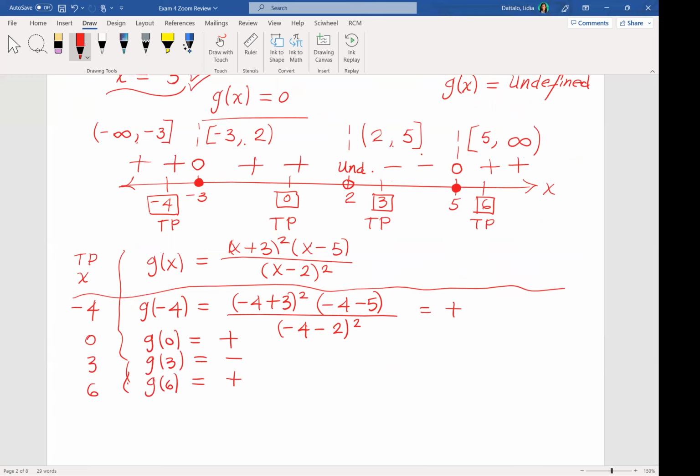So my solution is going to be everywhere where g of x is positive, greater or equal to 0, on those intervals, meaning this one and that. Oh, I'm sorry, I wrote the wrong thing. This should be 2.